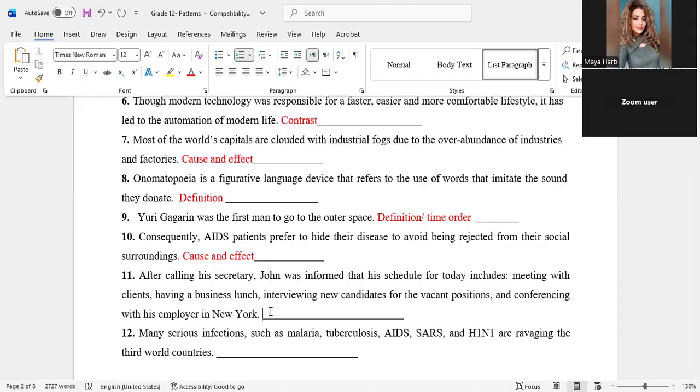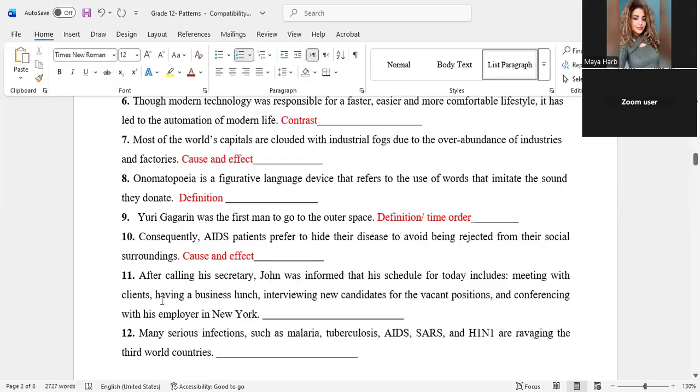Number 11: after calling his secretary, John was informed that his schedule for today includes meeting with clients, having a business lunch, interviewing new candidates for the vacant positions, and conferencing with his employer in New York. Okay, what's this?